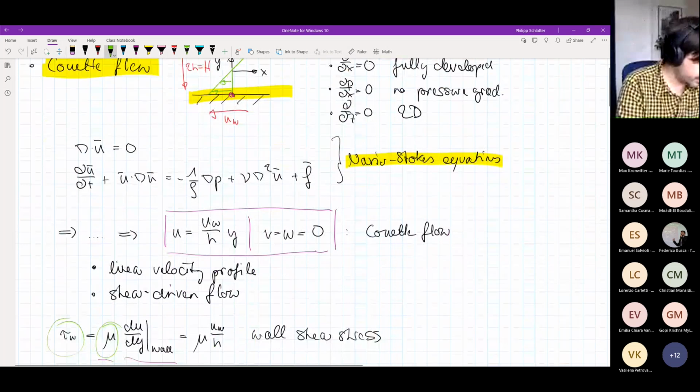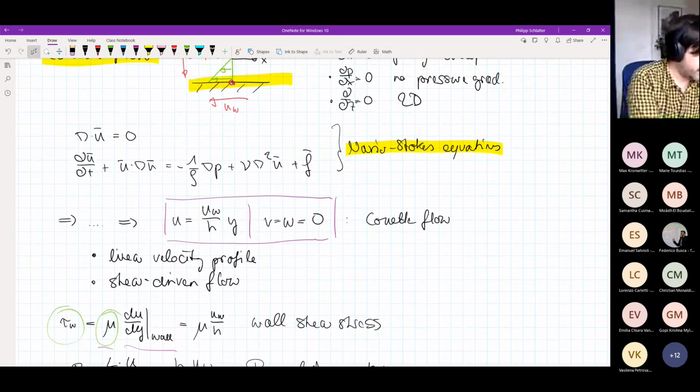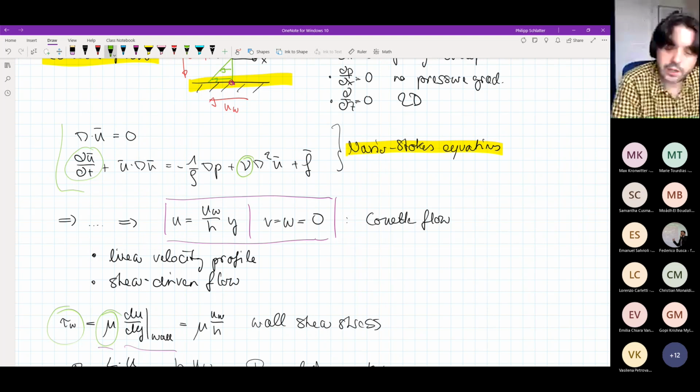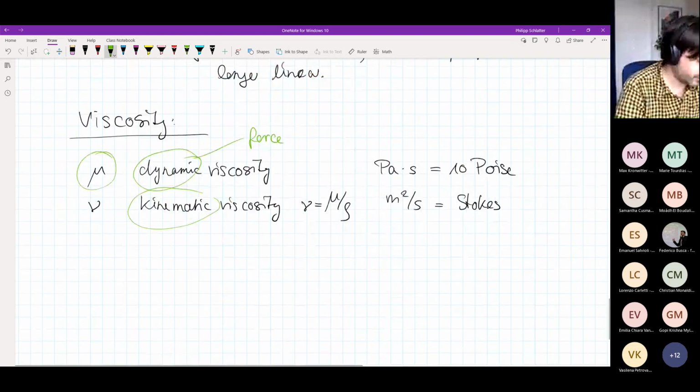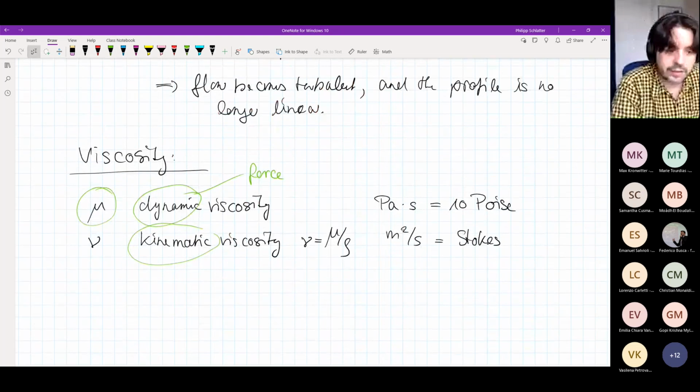And we can illustrate this quite nicely with the Navier-Stokes equations that we have here. Here we have the equations for the velocity, so for the motion, and that is the equation where the nu is appearing. So it's not directly a force, because the density we have kind of multiplied out. It's the nu that relates to velocities, to motion. So that's why you have these two definitions.